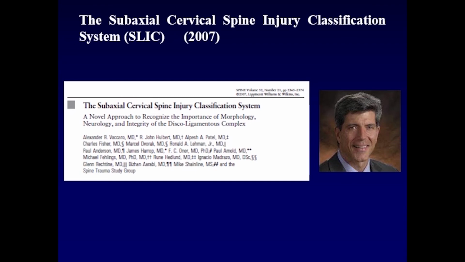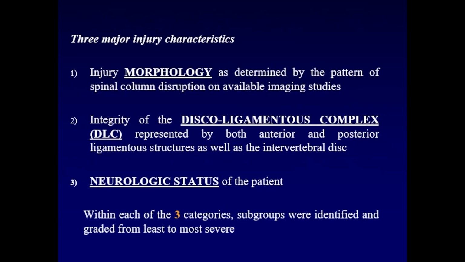It relies on 3 major injury characteristics: the injury morphology, the integrity of the discoligamentous complex, and the neurological status of the patient. Within each of these 3 categories, subgroups were identified and graded from least to most severe.